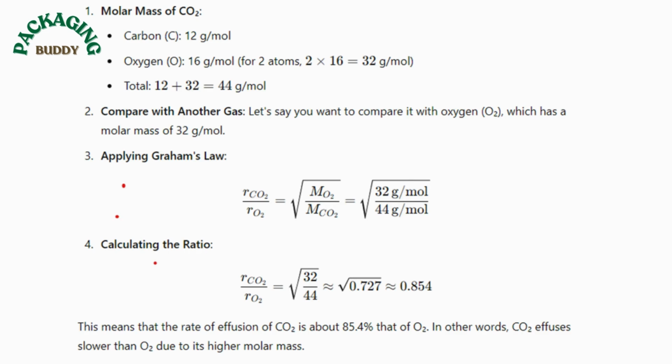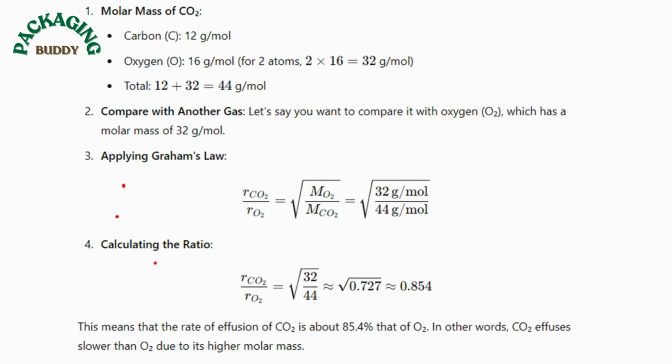Let's take an example. If you have carbon dioxide and oxygen, with molar masses of approximately 44 grams per mole and 32 grams per mole respectively, you can calculate the ratio of their effusion rates. R CO2 divided by R O2 equals root over 32 divided by 44.